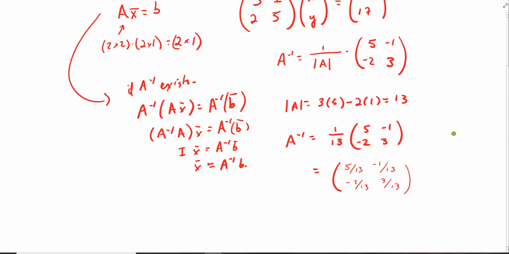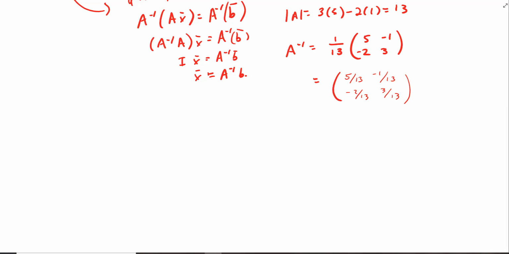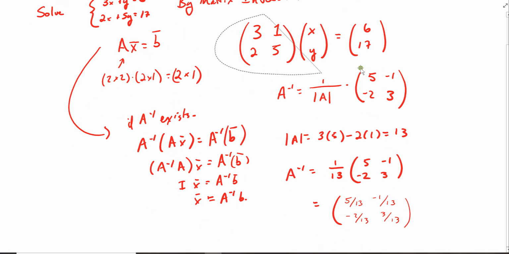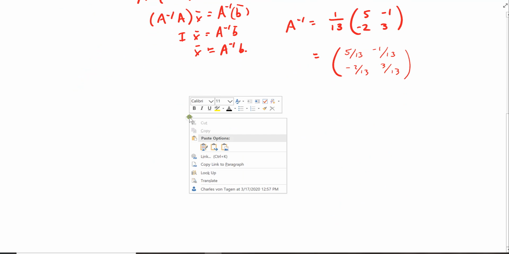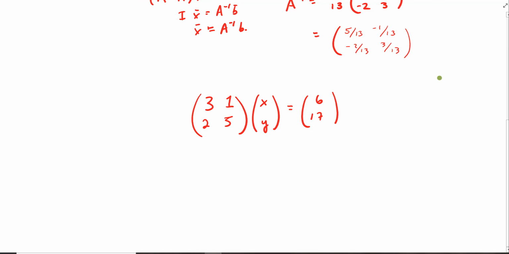So now what am I going to do? Well, now that we've computed what A inverse is, we're going to return to our matrix equation. So let's go ahead and put that back up there. Okay. So now that we have this, here's our matrix equation. We've just computed A inverse.